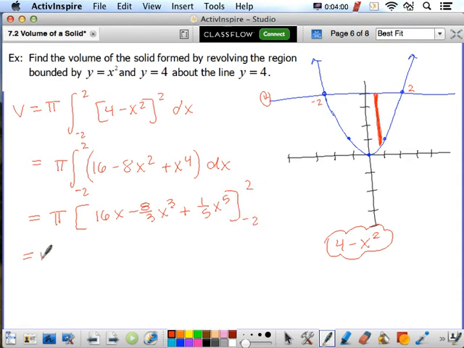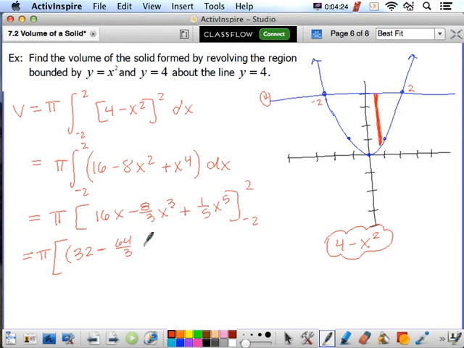And then we have pi all multiplied by, let's see, 16 times positive 2 is 32, minus 2 cubed is 8 times 8 over 3, so minus 64/3. And then 2 to the 5th is 32. 2 to the 3rd is 8, 2 to the 4th is 16.